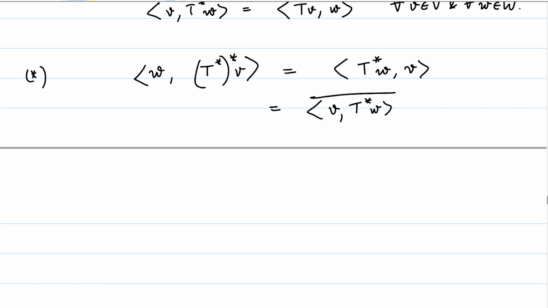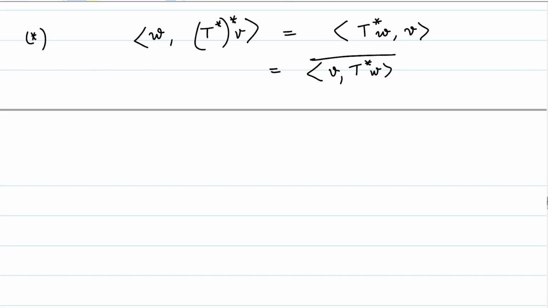And what is this? This is equal to, by again using the definition of the adjoint, the conjugate of the inner product of TV and W. But then again, I'll use the properties of the inner product again. This is just the inner product of W with TV.